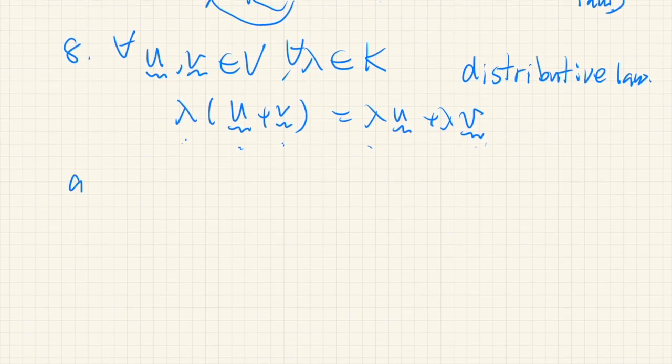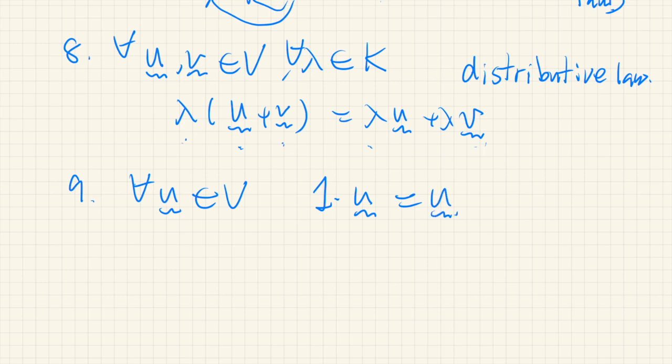And next, for any element u of the vector space, 1 times u is equal to u. Okay, and this 1 here is not a vector, by the way.